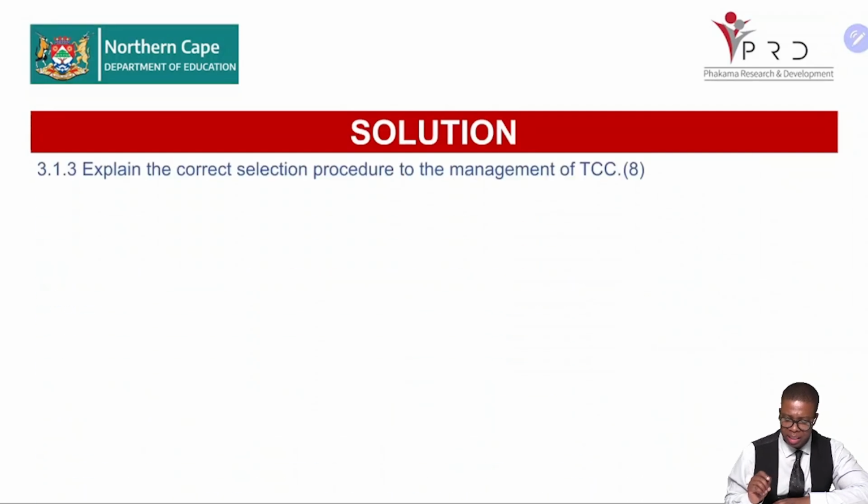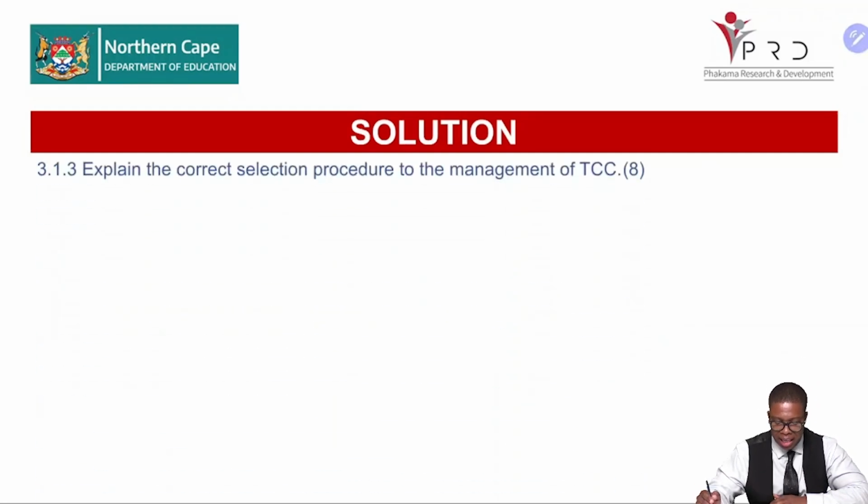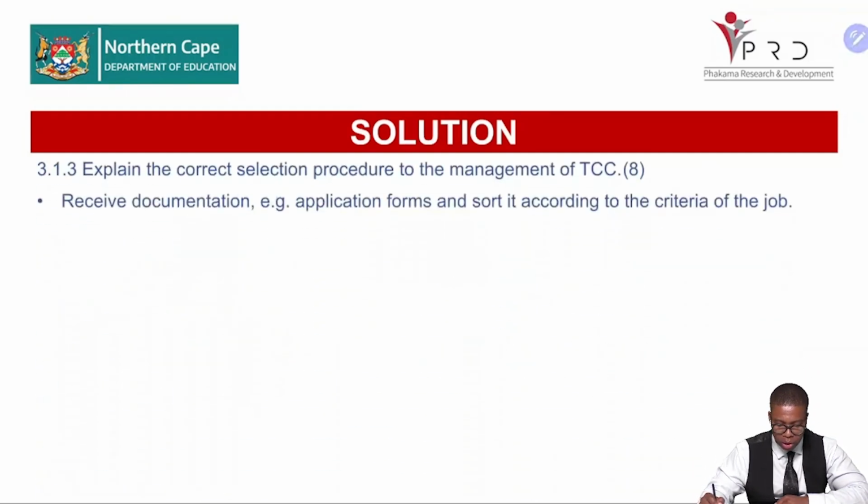Those are the advantages. And remember, what I'm showing you here is that the question was on the advantages of the method of recruitment. So the advantages of external recruitment are these. As you can see, that's the advantage that comes with recruiting outside of the business. Now, explain the correct selection procedure.